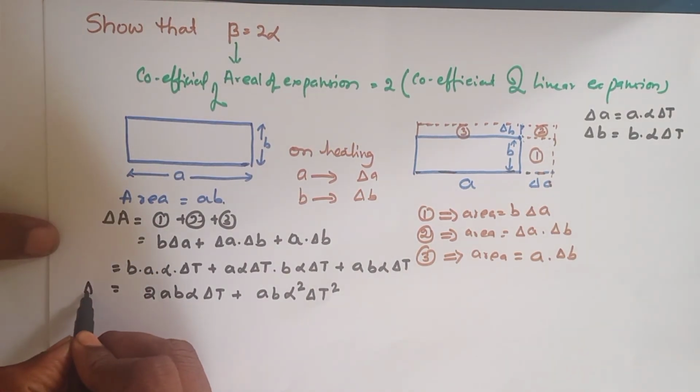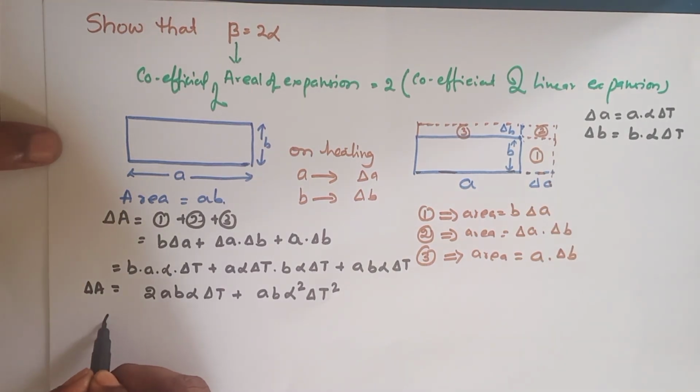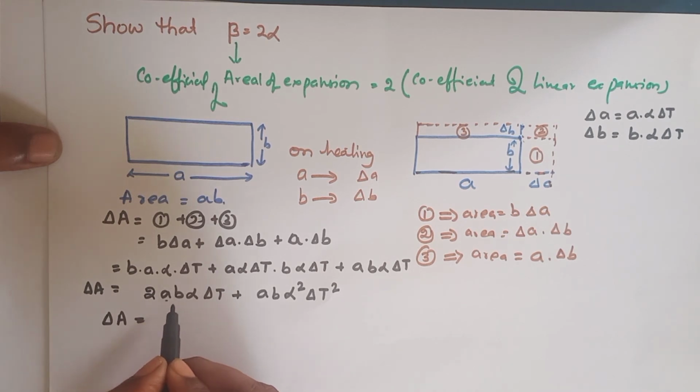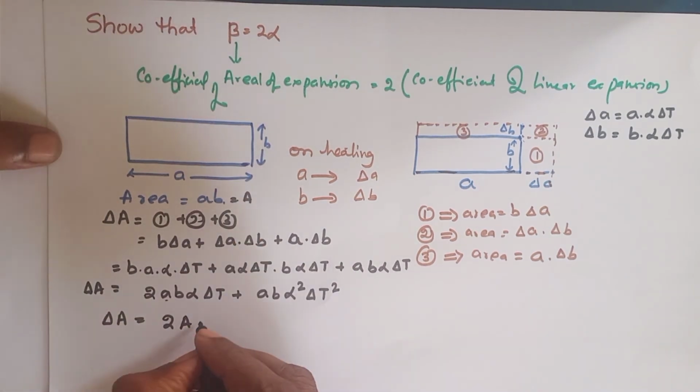What is this? Delta A is equal to... AB is the area A actually, alpha delta T.